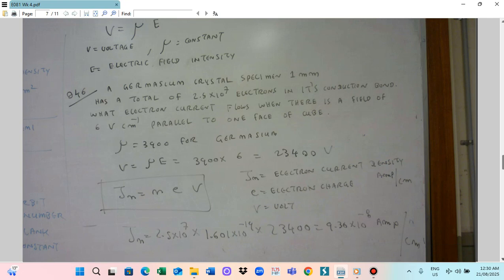This energy is calculated by the equation V equals mu E. Here mu is the mobility constant, V is the voltage, and E is the electric field intensity. These are the two equations we utilize to calculate electrical current conduction in the semiconductor.